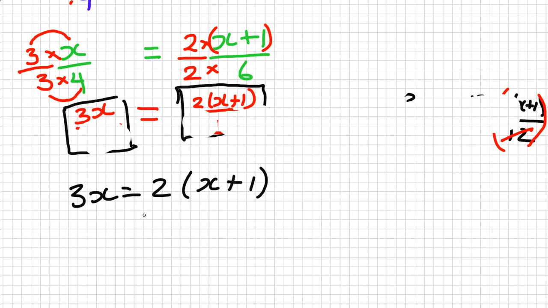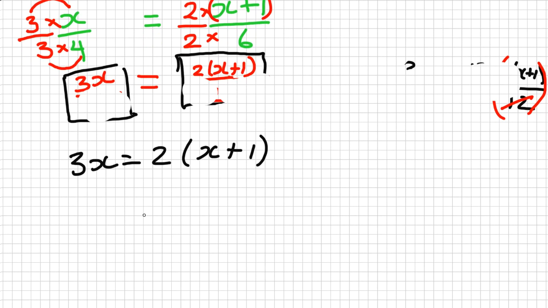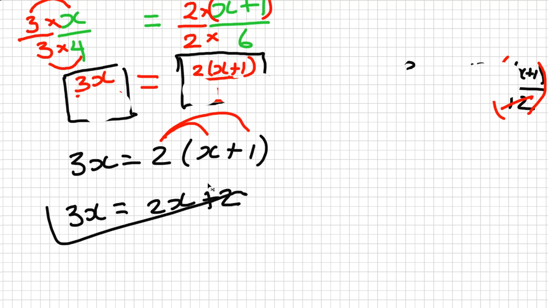Now if you remember from earlier, the first thing we do when we have repeated unknowns is expand any brackets. So let's write this out again. 3x equals 2 bracket x plus 1. We expand these brackets. 2 times x, 2 times 1. So there we've expanded brackets.